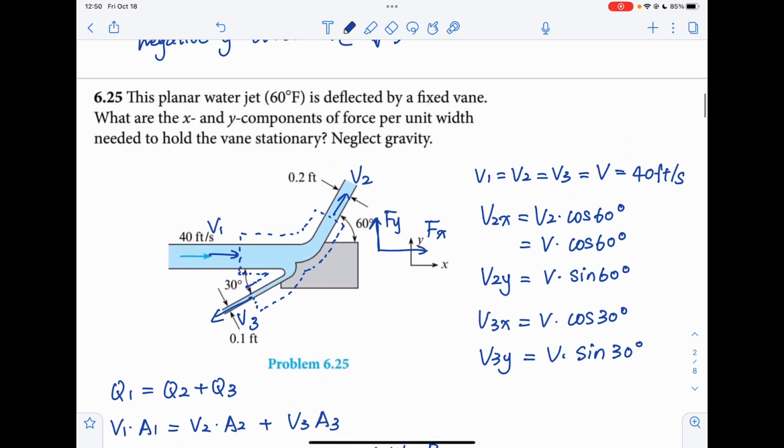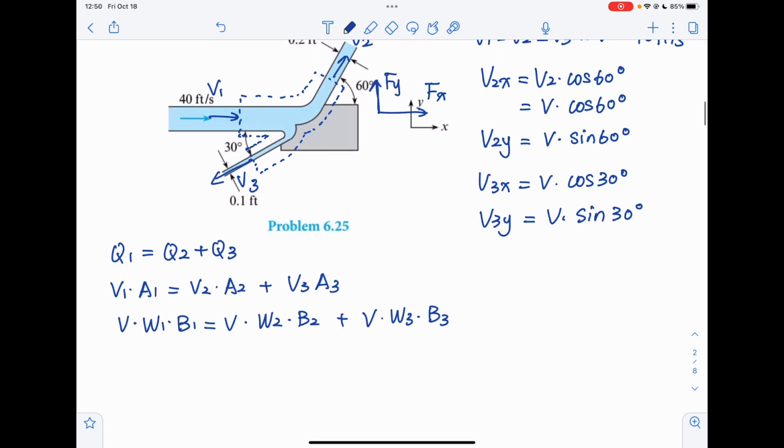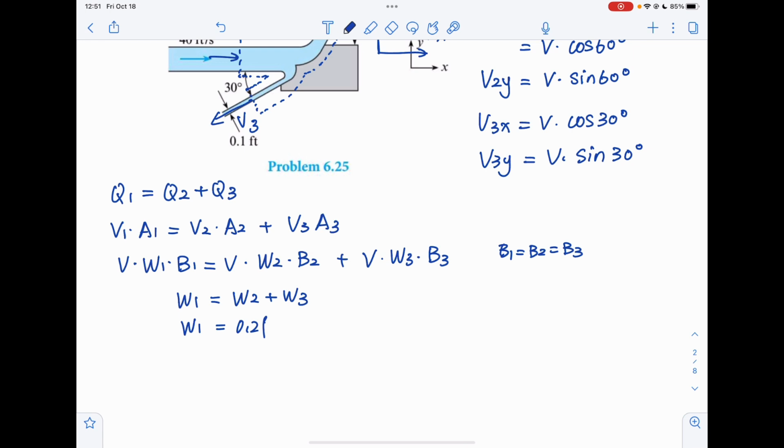Because the entire problem is asking us to find the force per unit width, we'll assume the width is constant, so B1 equals B2 equals B3. Therefore we get W1 equals W2 plus W3. W2 is given as 0.2 feet, and W3 is 0.1 feet. So W1 is 0.3 feet.